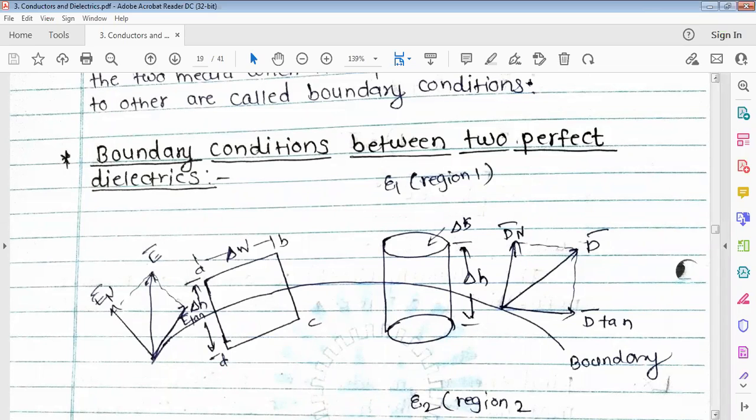Do you understand? Getting this or not? So at the boundary, when we take delta H equal to 0, meaning delta H will tend to 0 at the boundary, only your top surface and bottom surface will be present there.